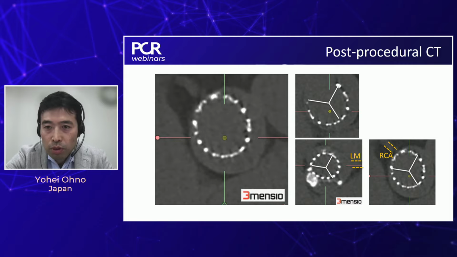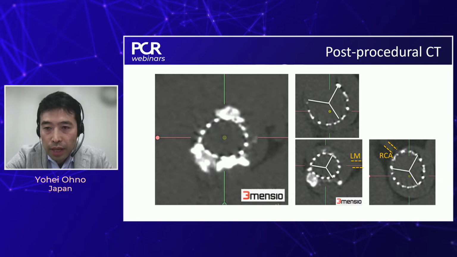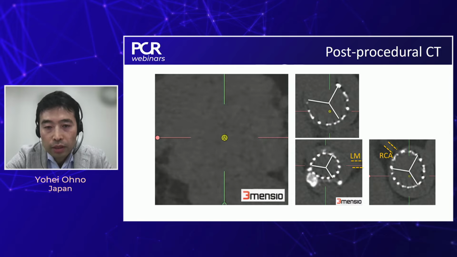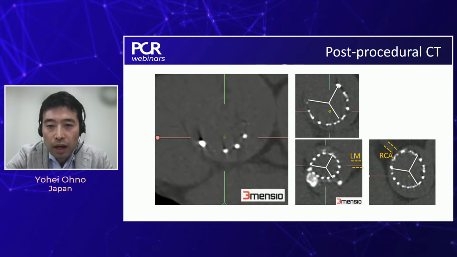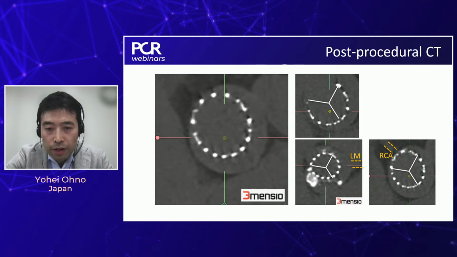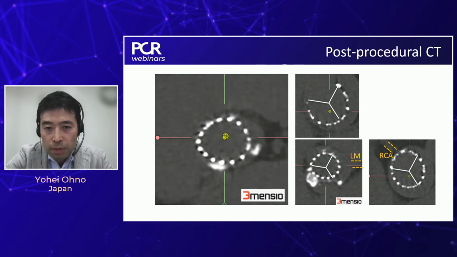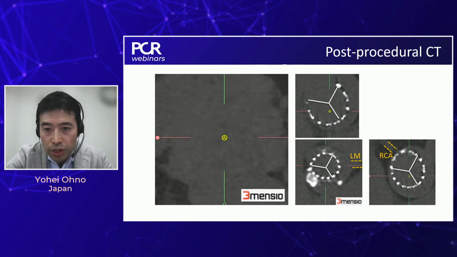So this shows the post-procedure CT scan. Since the patient had advanced kidney disease, we made a non-contrast CT. Although the patient had a very severely calcified valve, the Evolut FX expanded quite well, as you can see here.